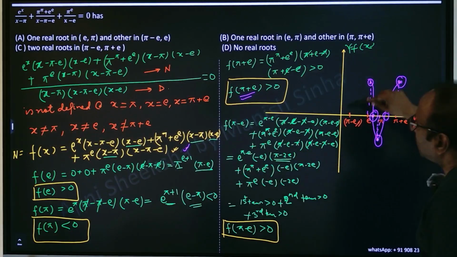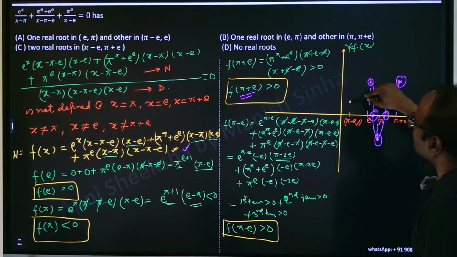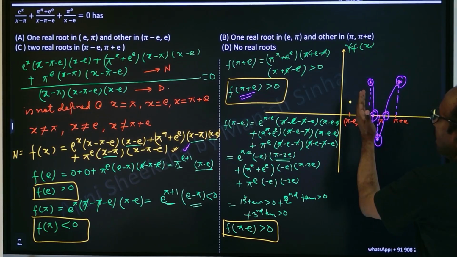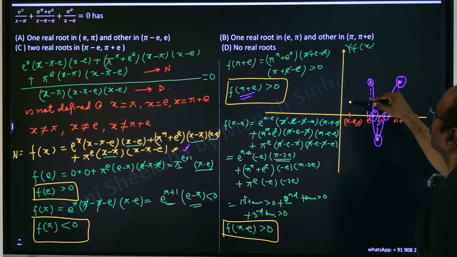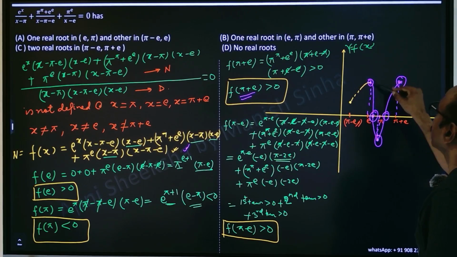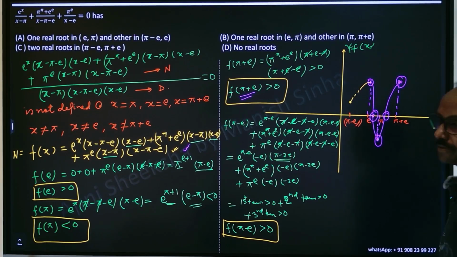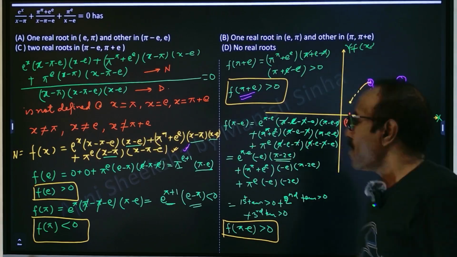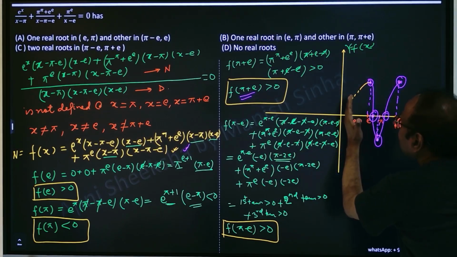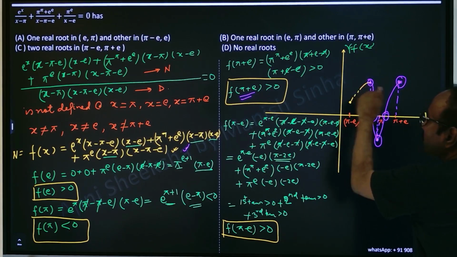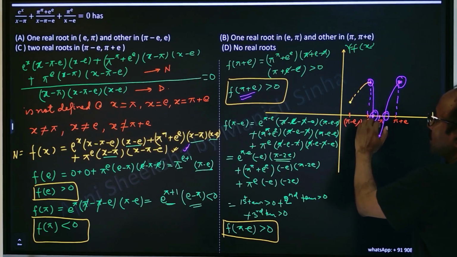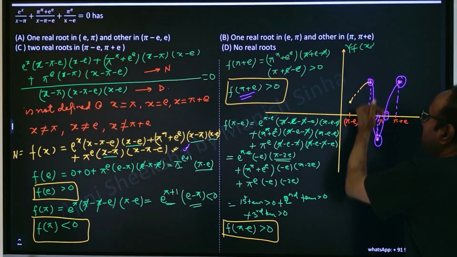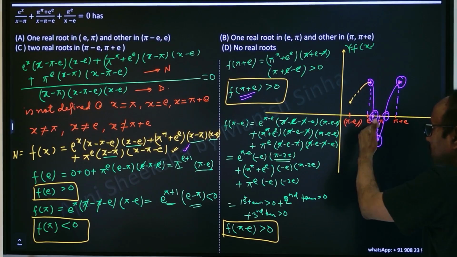So f(pi minus e) still will be on this side. After pi minus e is e. So the graph may be like this. It is going, and then because between pi minus e and e, the sign of f(x) is not changing. It is positive. Positive means above the x-axis. So it will not cut the x-axis.